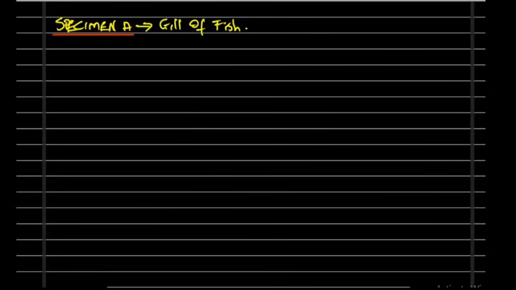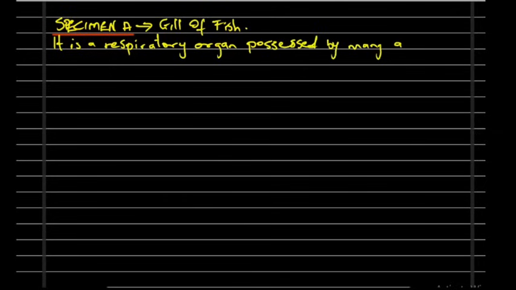When we look at the gill of a fish, it is a respiratory organ possessed by many aquatic animals.